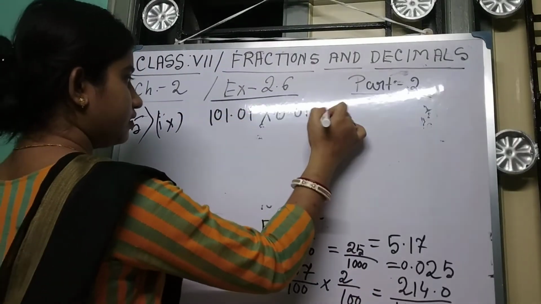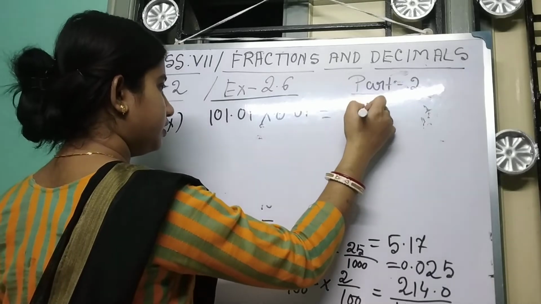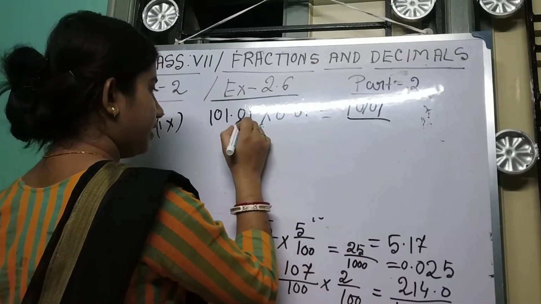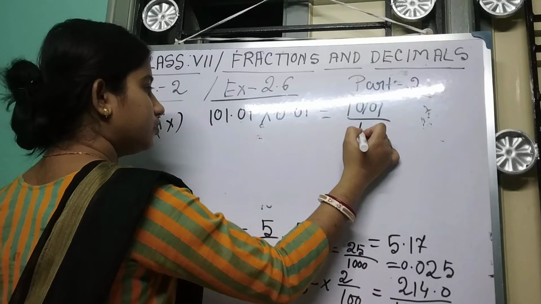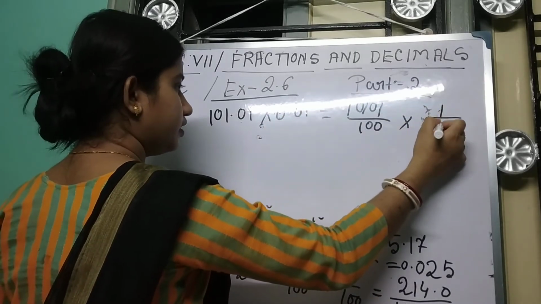We write this number without the decimal and divide it by 100, because there are two numbers after the decimal, and again divide by 100.